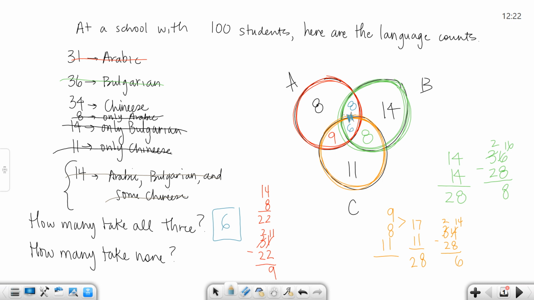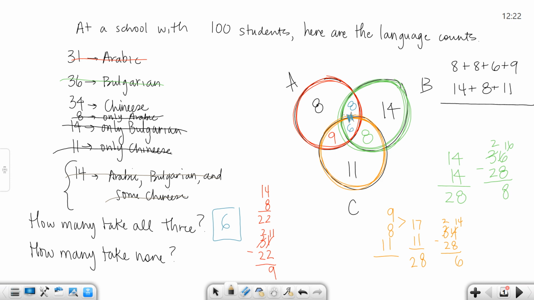Okay, so I'm going to do some calculations. You want to add up everything inside the circle, and there's lots of different ways to do it. Like if I added up everything inside the red circle, 8 plus 8 plus 6 plus 9. Now that should be 31 because we calculated it earlier. So you could add those up. You also need to add the 14 and the 8 and the 11.